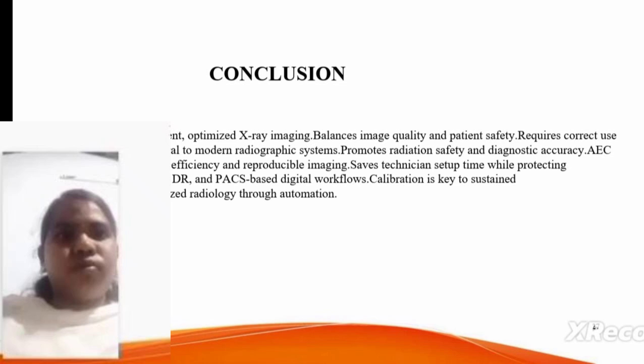It ensures optimal dose, efficiency, and reproducible imaging. It supports AI, DR, and PACS based digital workflows. Calibration is key to sustained accuracy, revolutionizing radiology through automation.